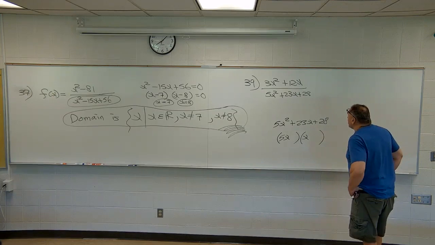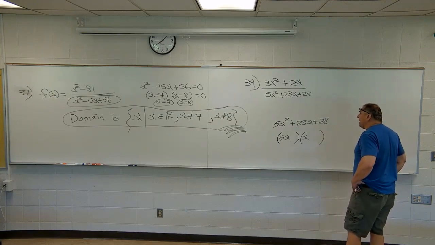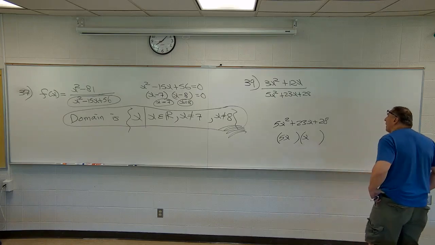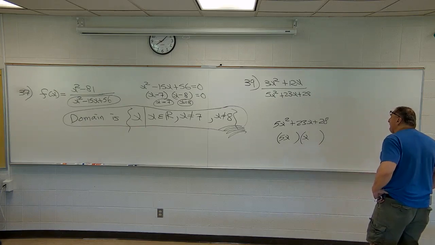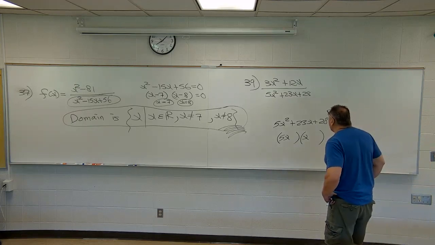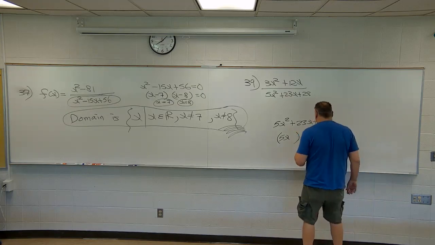Was there a 4 there they should have put on there? I'm trying to make sense out of what they did. Let me think. Trying to think what they might have done here.